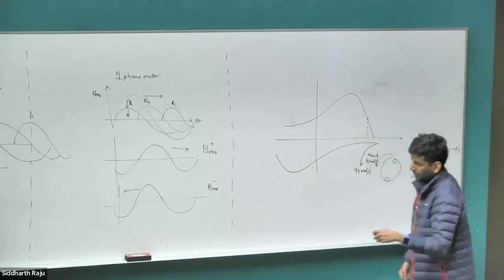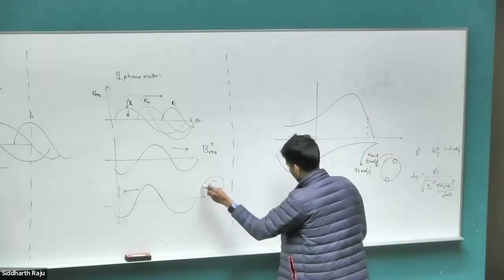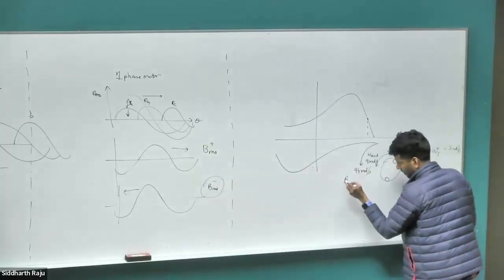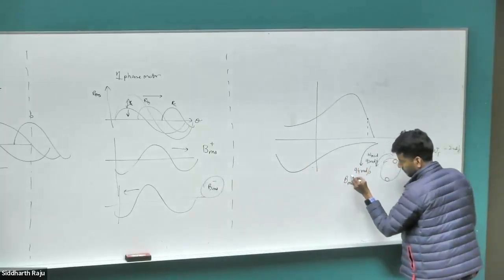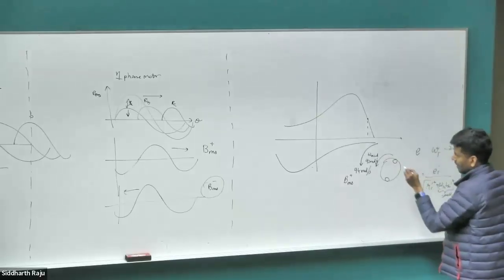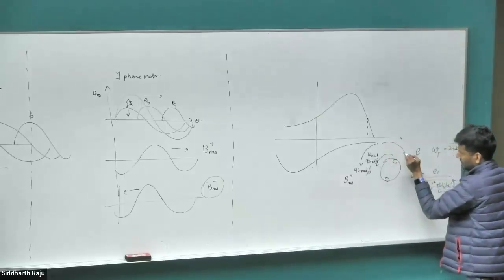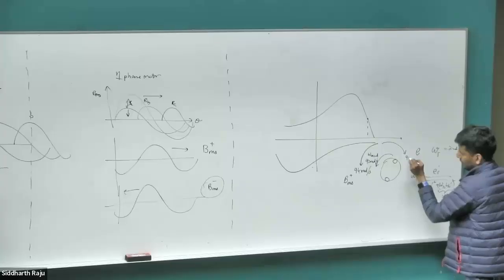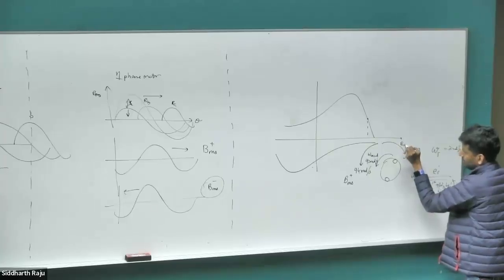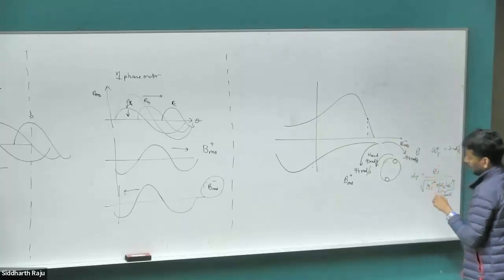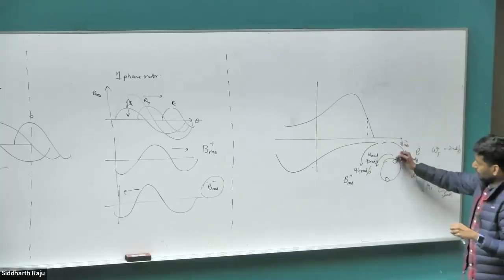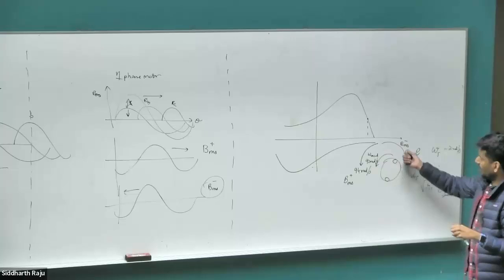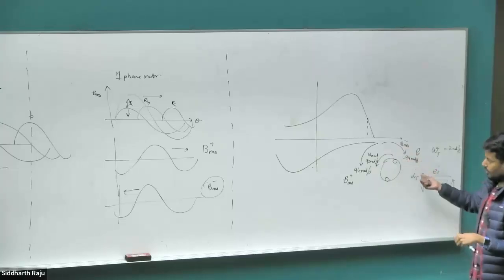But when you look at the negative rotating component, BMS negative, so this is due to the BMS positive. Now the BMS negative is rotating in the opposite direction at 94 radians per second. So this is BMS negative. Now if you look at the rotor is rotating in the forward direction and the BMS negative is rotating in the opposite direction.